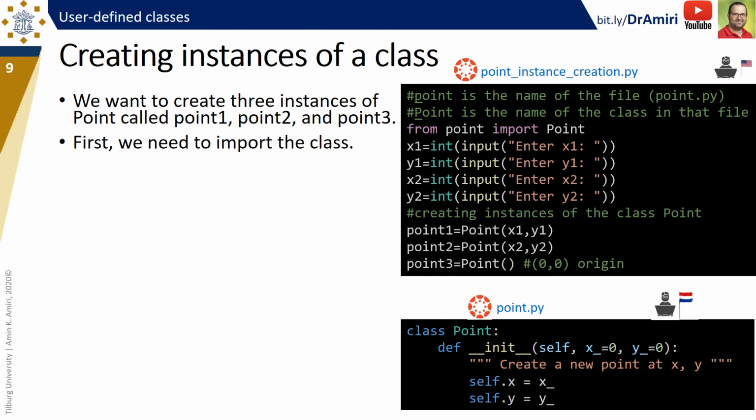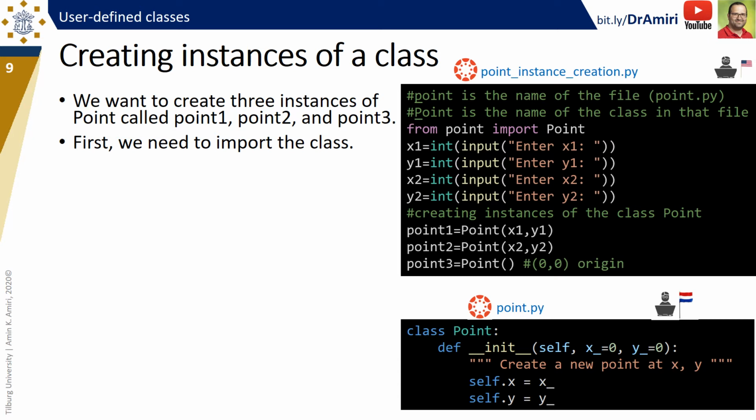To create an instance of a class, you need to give it a name. In this case, I want to create three instances of the class Point: point1, point2, and point3. These are the names of these instances.